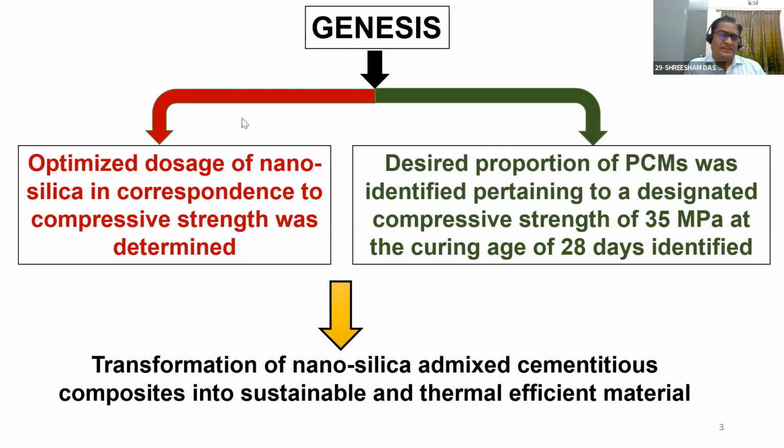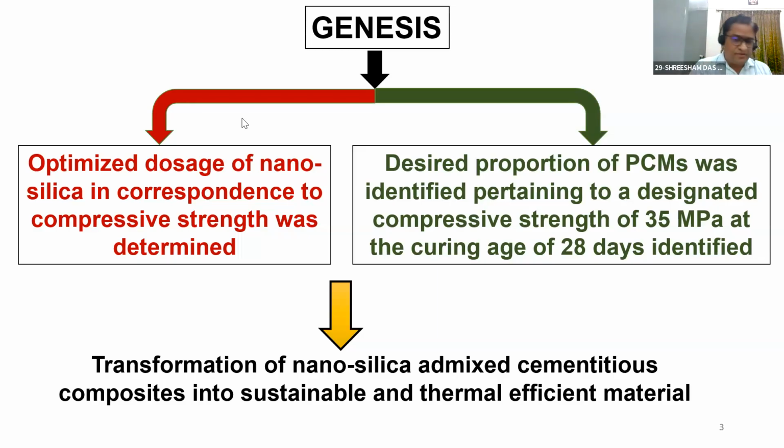Particularly if you have experienced last summer, that is 2023 April, May, June, even some of the North India is still having that effect. We have really felt the temperature has gone up significantly. So what do we have to do now? All our building materials now are completely dependent on concrete, the cementitious composites.